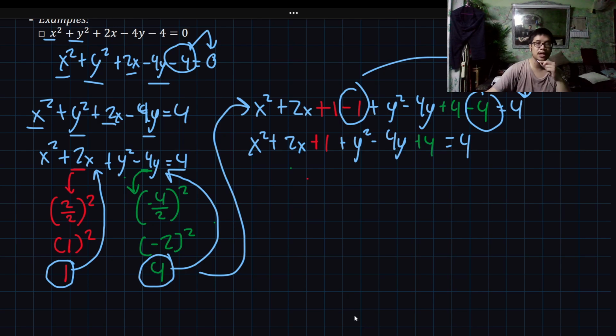Since you transpose negative 1 and negative 4 to the right, they will become positive. So positive 1 and plus 4.